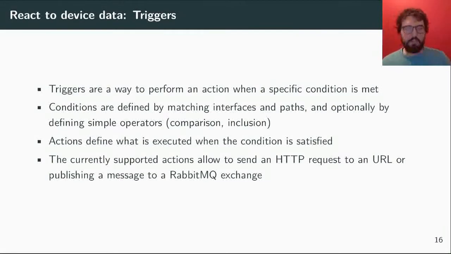So you either have a webhook which receives the HTTP request on the other end, or you can have an application which consumes from a RabbitMQ queue, and you can use that to receive filtered data, because you don't receive all the data coming from Astarte, but just the data that matches the condition, and act on it. So you can populate your application backend.